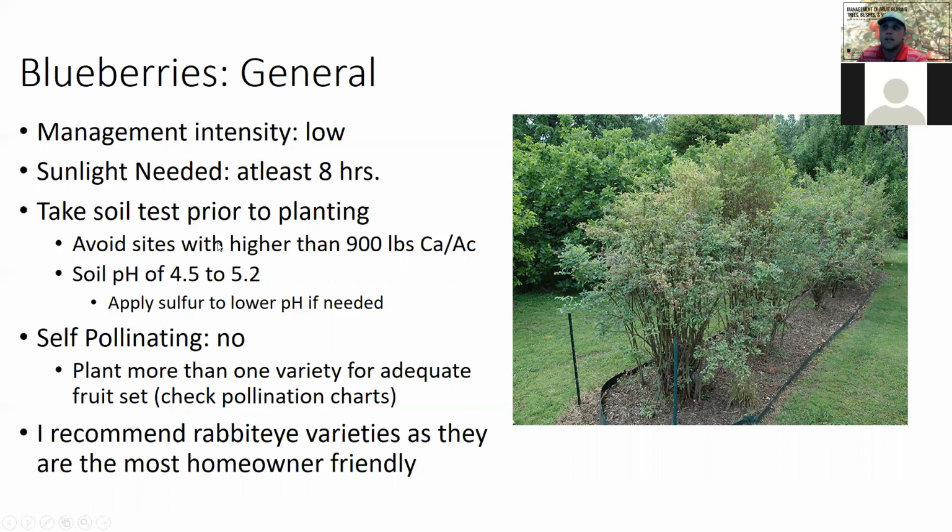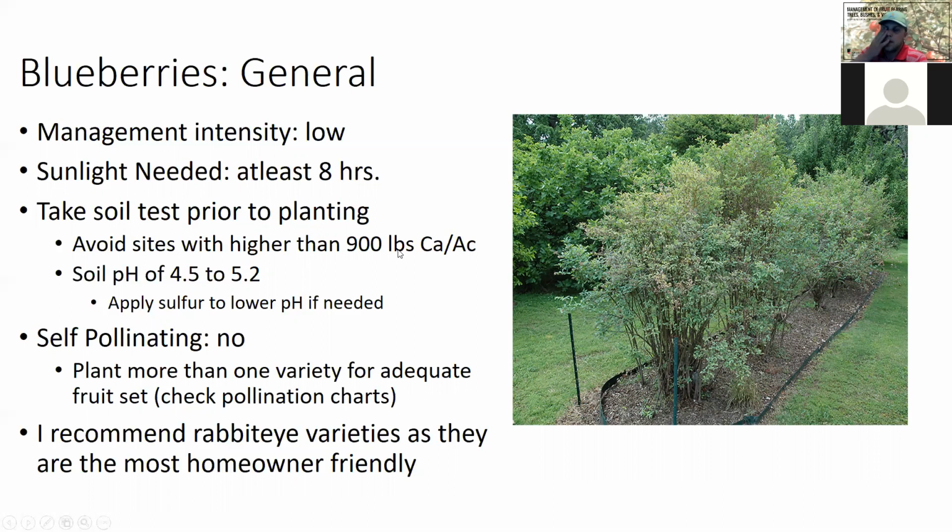Taking a soil test prior to planting, despite the management intensity being low and them growing well here, I would recommend, because you're going to want to avoid sites with higher than 900 pounds of calcium an acre.